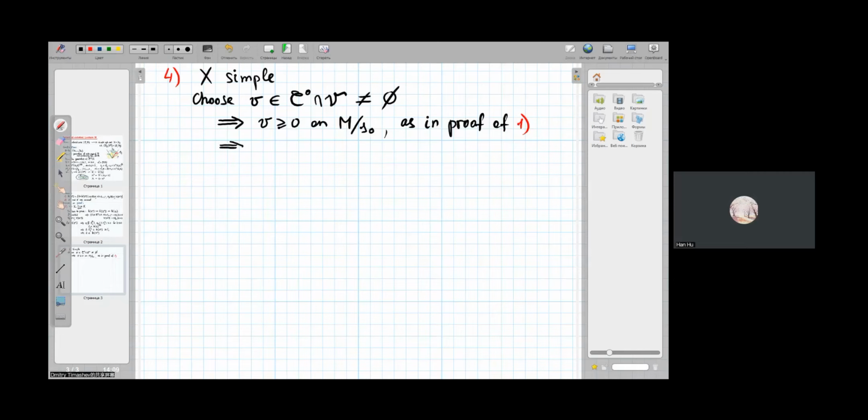This implies that V is greater or equal than V of S0 on M. And this implies, in turn, that V is greater or equal than d times V of S0 on M times M times, etc., M, d times.